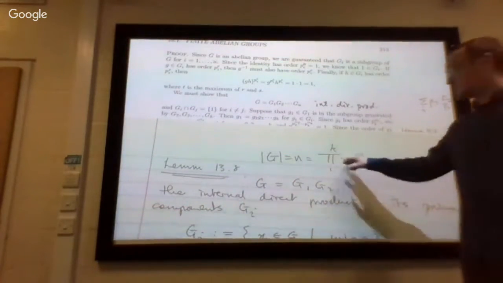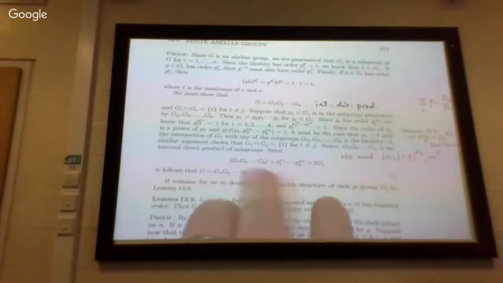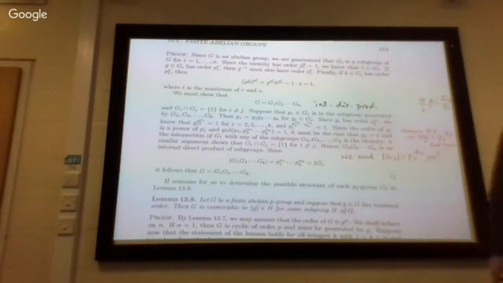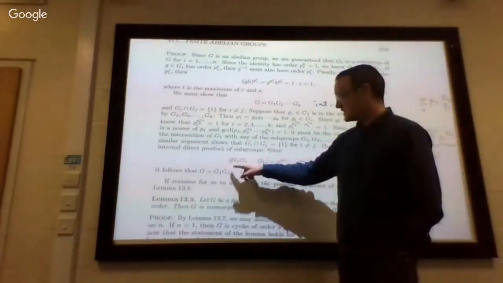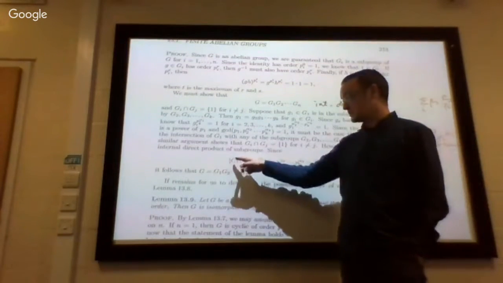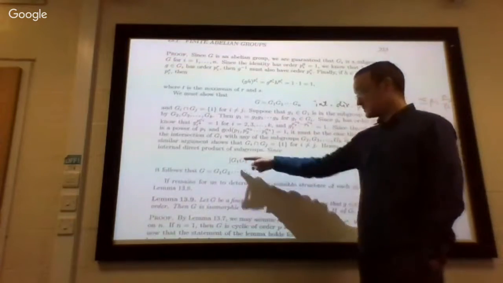So if it is equal to that, then it must be equal to the order of G. Now, he hasn't said anything more about it there. So in order to claim that, first of all, the number of elements in the internal direct product is the product of the number of elements in G1 multiplied by the number in G2, etc.